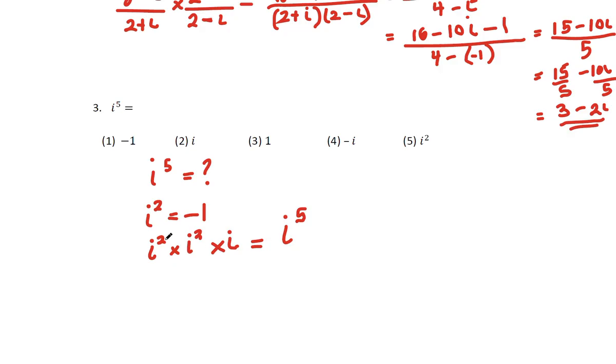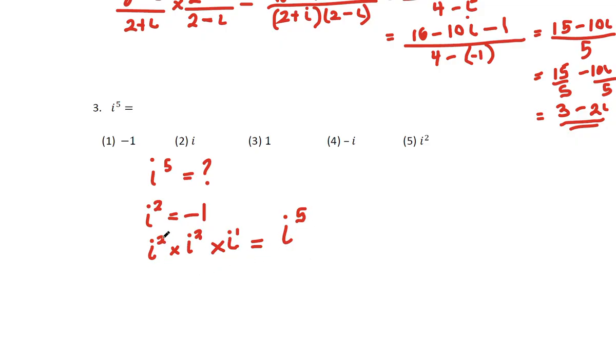Based on the laws of indices, because I'm multiplying terms with the same base, I just add the powers and keep the base. So 2 plus 2 is 4, plus 1 is 5. So all of this can be expressed as i to the 5th power.